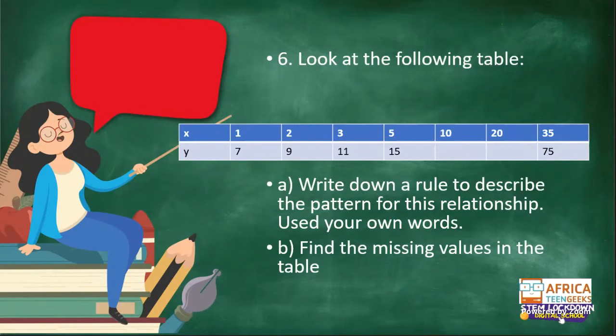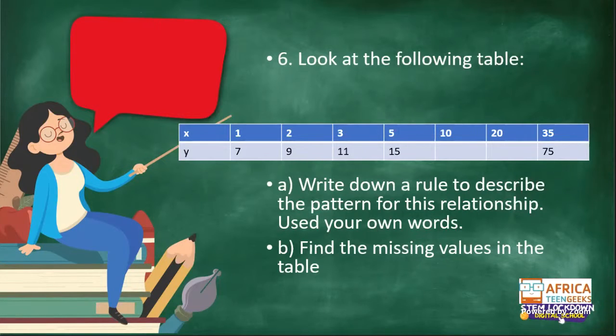Times 2 plus 5. I fully agree with you. That is the general rule, which we find by looking at the constant difference in the next line, which is the output values. Can you repeat that rule once again?